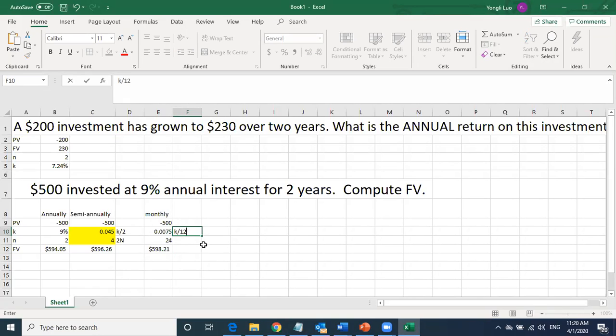If you do monthly, the number of time periods is n times 12. So as the frequency increases, we can see the future value increases, right? Increases.